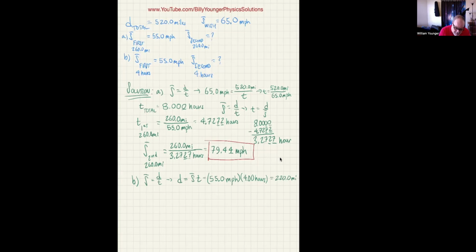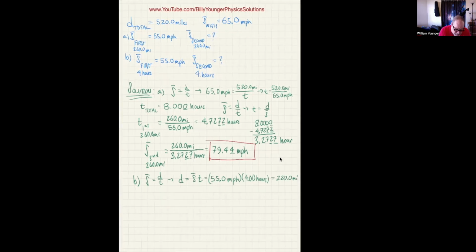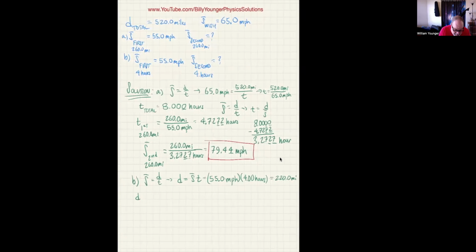So just to verify, the distance we need to travel, D needed, is given by 520.0 miles minus 220.0 miles, which gives us 300.0 miles.